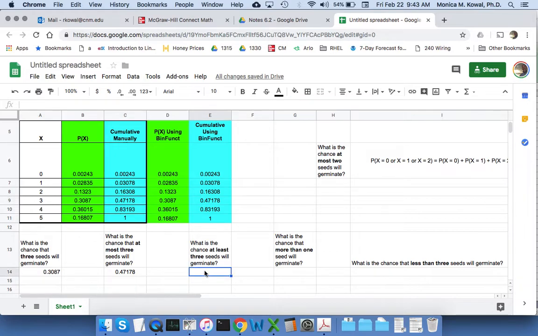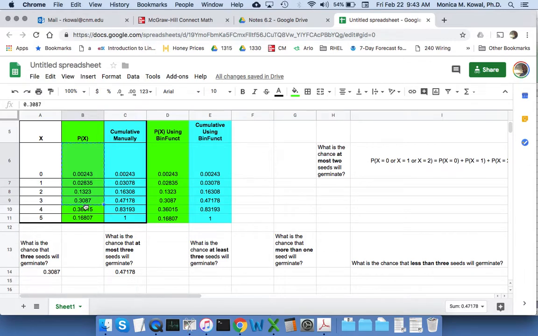What's the chance that at least 3 seeds will germinate? Now that's a little different. That is the chance that exactly 3 or exactly 4 or exactly 5 will germinate. Now notice the binomial distribution function only sums a particular probability for a discrete case and all prior cases. So for this value here, it's taking that probability and summing together all prior.